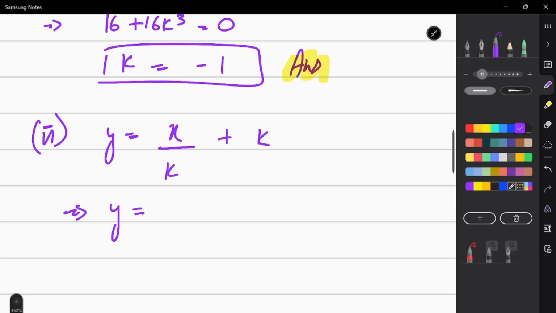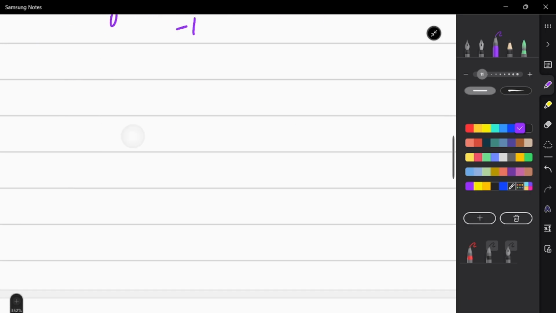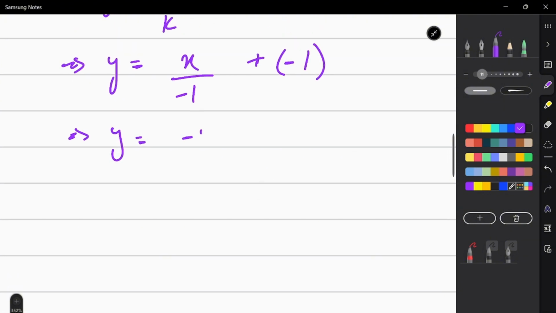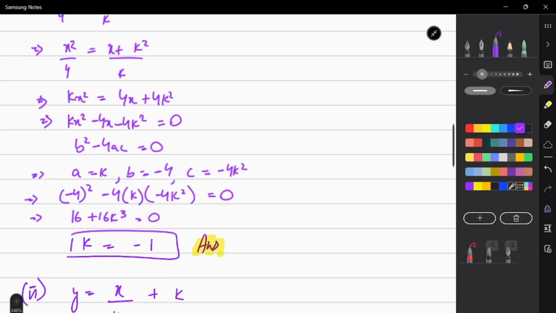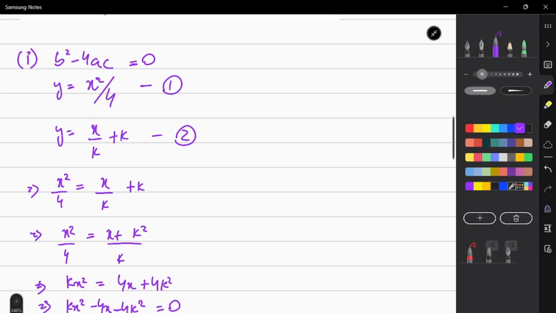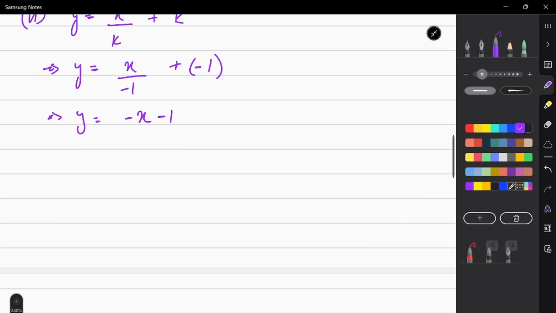Now it's going to be x upon minus 1 plus minus 1, which gives us y equals minus x minus 1. This is the new equation, and now we're going to be equating this to the curve equation, x squared upon 4. So minus x minus 1 is now equal to x squared upon 4.